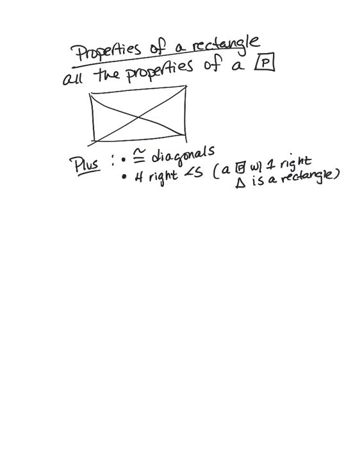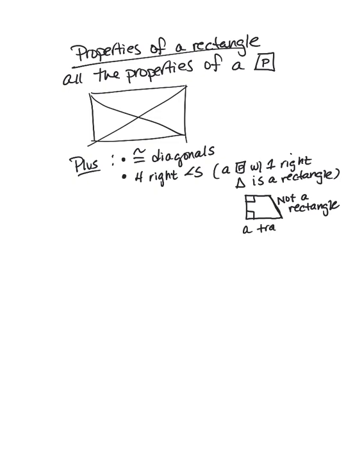However, that's not going to be the case with a trapezoid. We could have a trapezoid like this. That is certainly not a rectangle. So a trapezoid with a right angle is not guaranteed to be a rectangle, but a parallelogram with a right angle is.